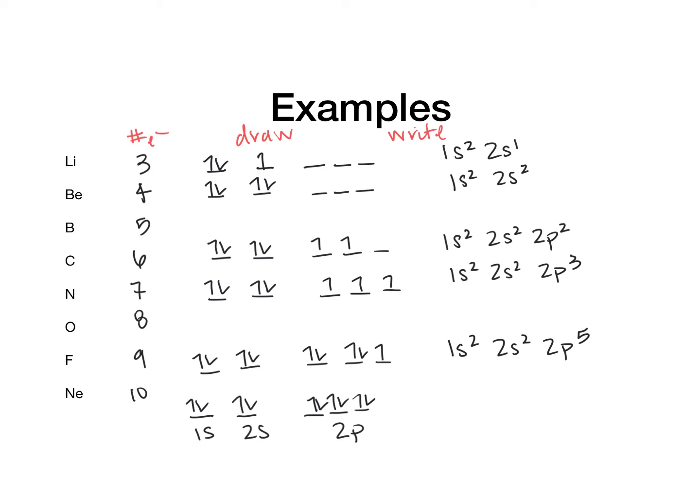Now, it's important to note that the order of the degenerate orbital filling is somewhat irrelevant, because it doesn't matter which one, since they're all the same energy. But now we can determine the number of electrons from the periodic table. We can draw these. You have to label your orbitals, 1s, 2s, 2p, etc. And then we can write them in this pattern.